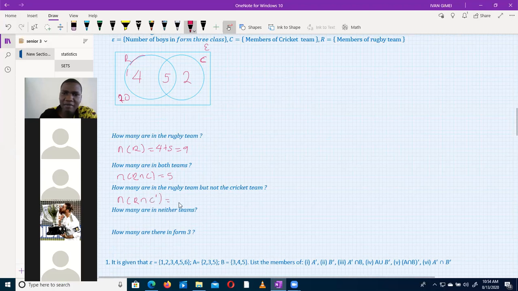So this is the same as writing how many are in the rugby team only. This also is as good as saying how many are in the rugby team only.